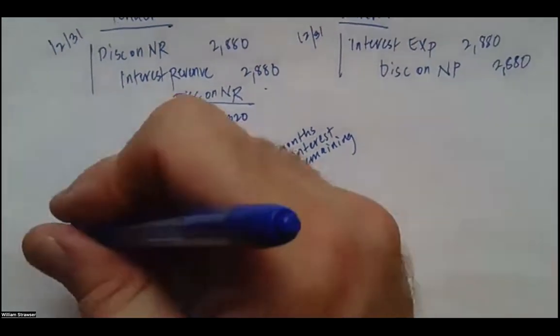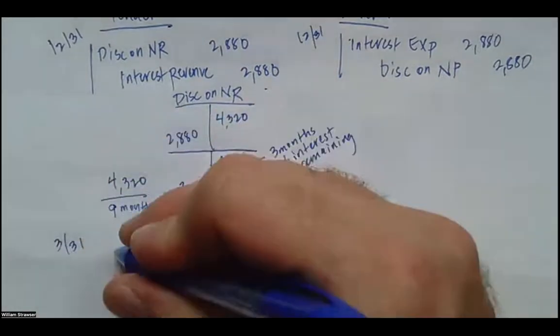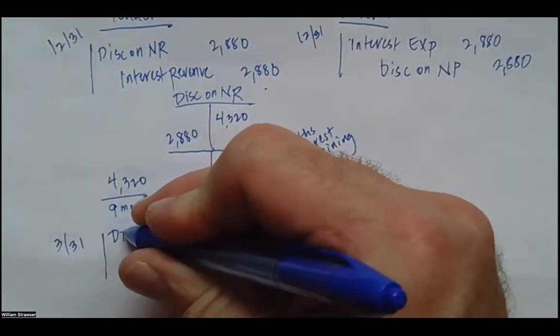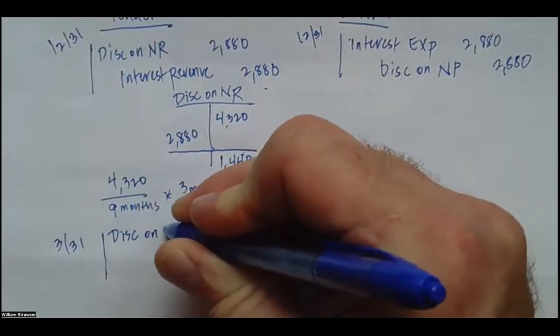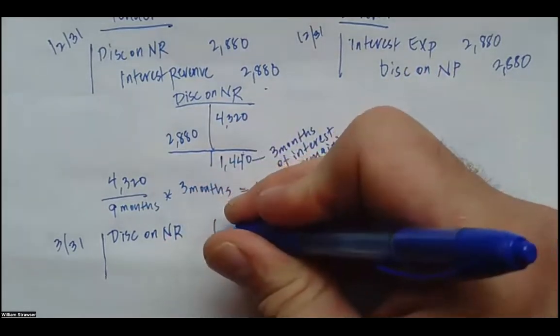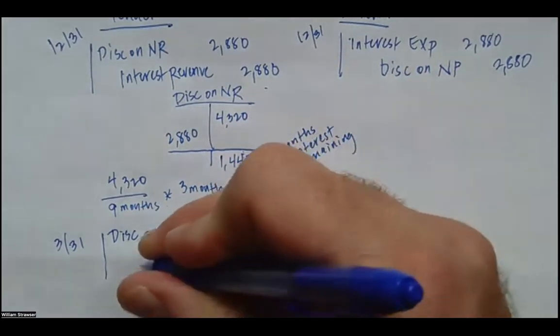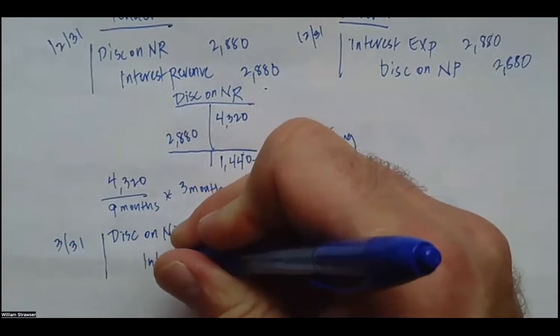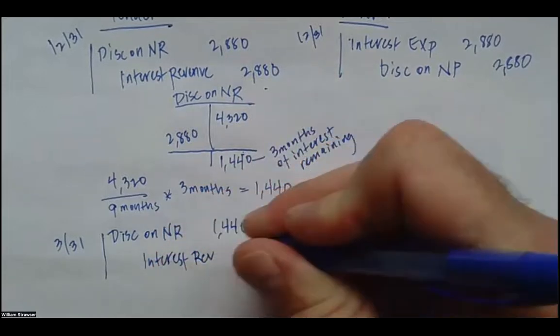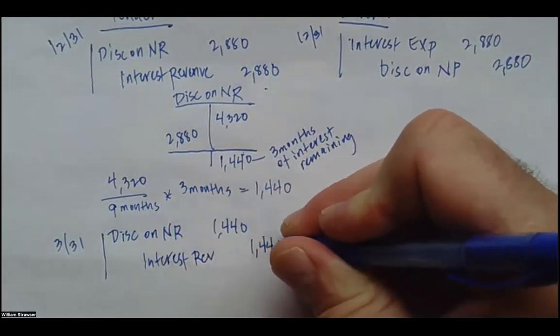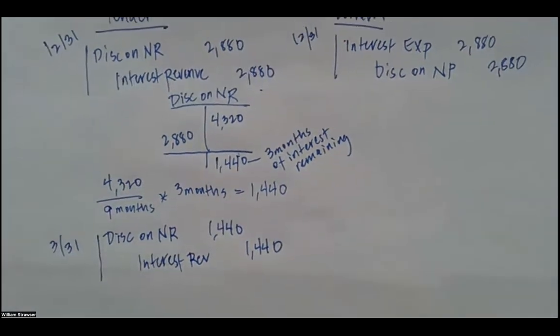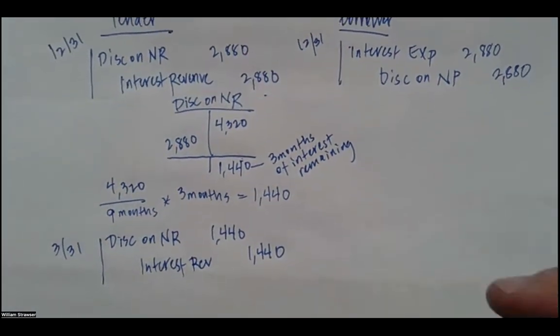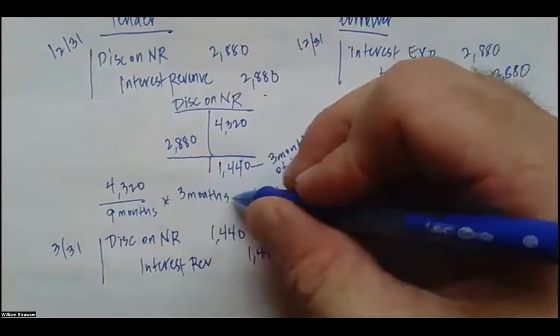So then on 3/31, we would have that next entry that would reduce the discount on the note receivable to 0 and record more interest revenue on the deal. That would reduce this account to 0.